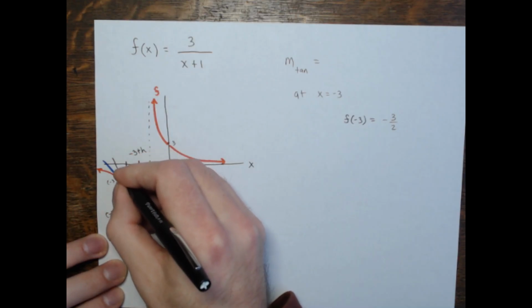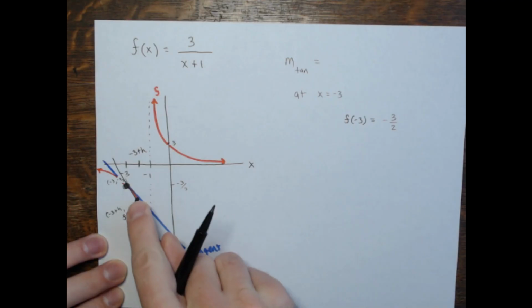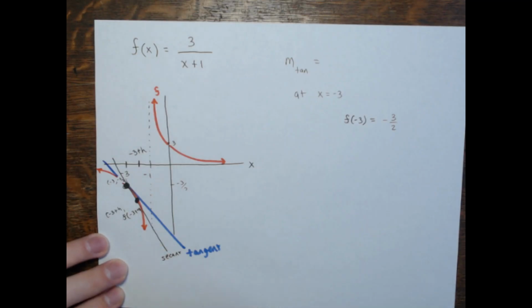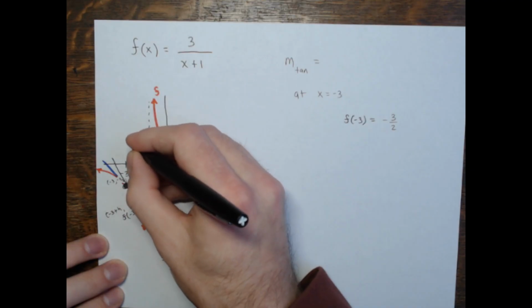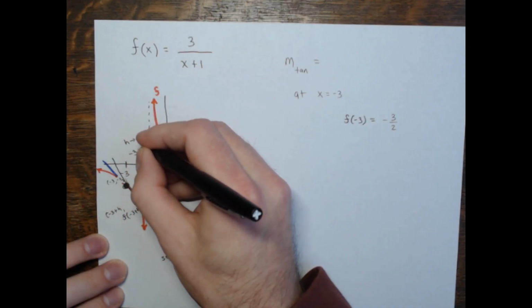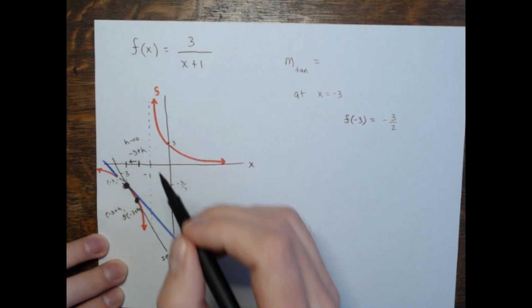And then here's the secant line going through those two points. There's my secant. Take the slope of the secant line and have h approach 0, have h get closer and closer to 0. That way, -3 plus h will approach -3.